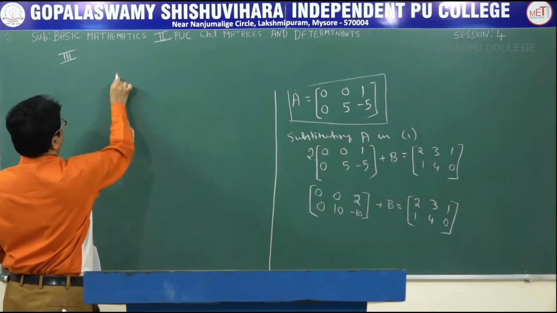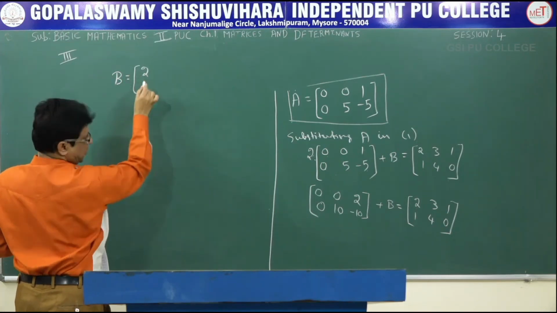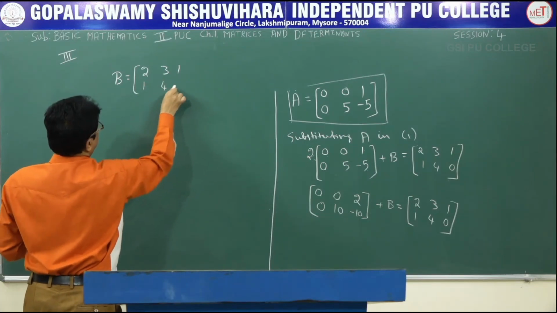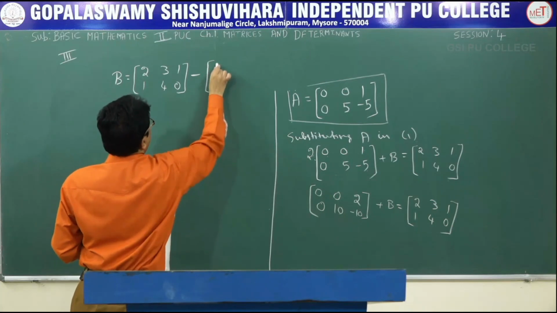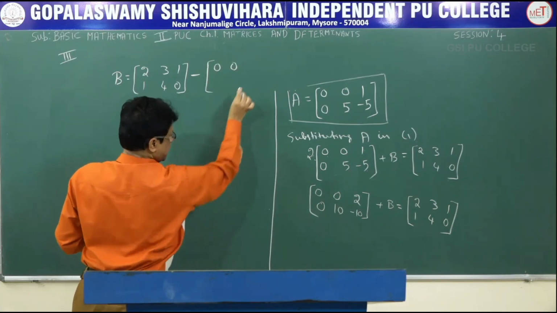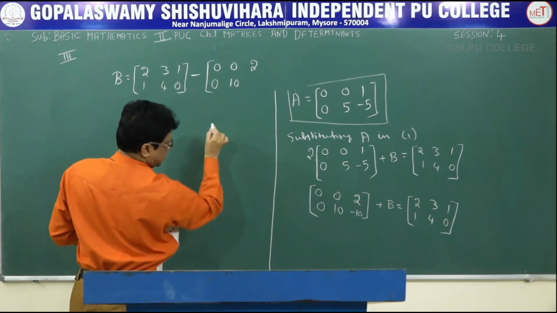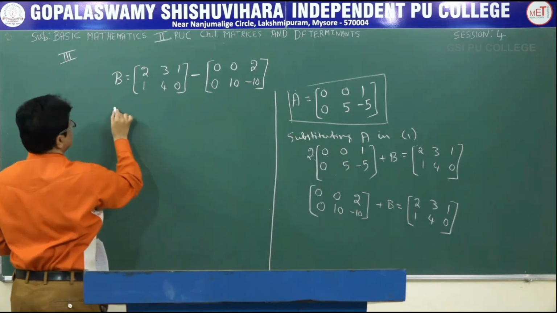So B equals [2, 3, 1; 1, 4, 0] minus [0, 0, 2; 0, 10, minus 10].